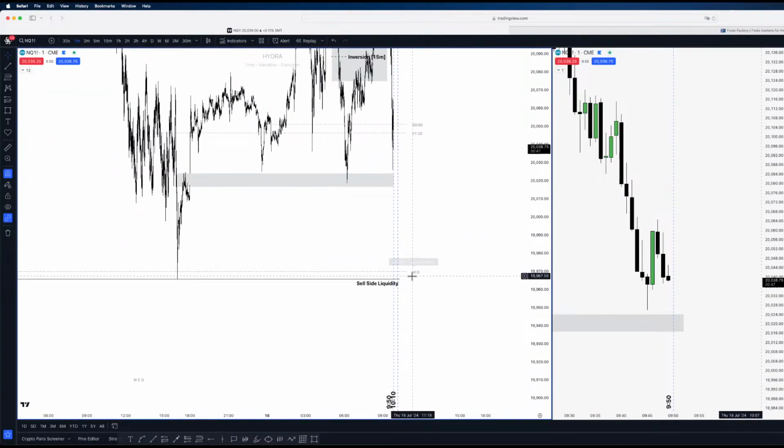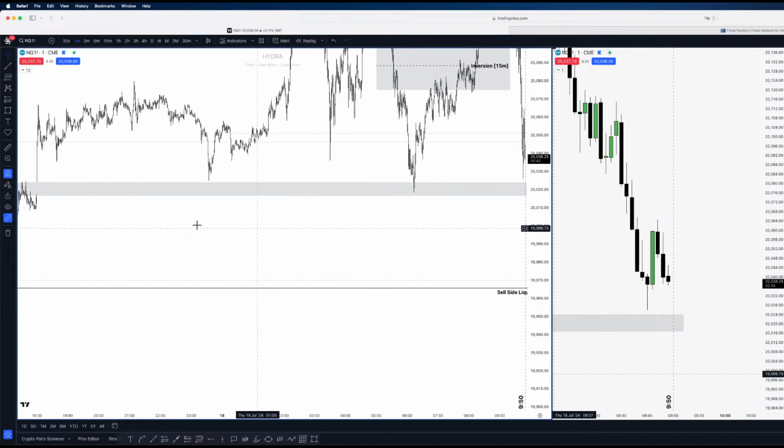Below, down here, we have the monthly opening price. Another support level.